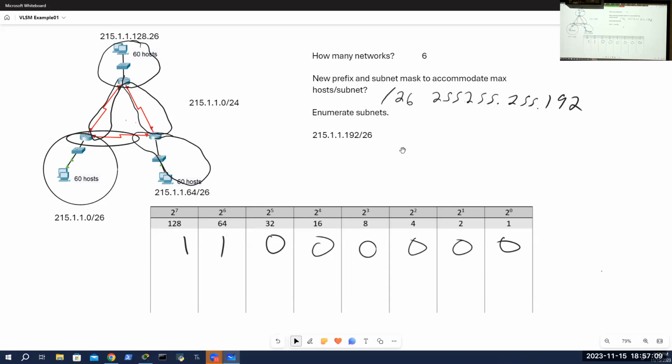But you want to conserve IP addresses because your network could grow and you might need more LANs. You're not going to get any more 60 host LANs, but you might get some smaller ones. So what would you do with this? 3 /30s, right? Yeah, so /30 is where we ultimately want to go.